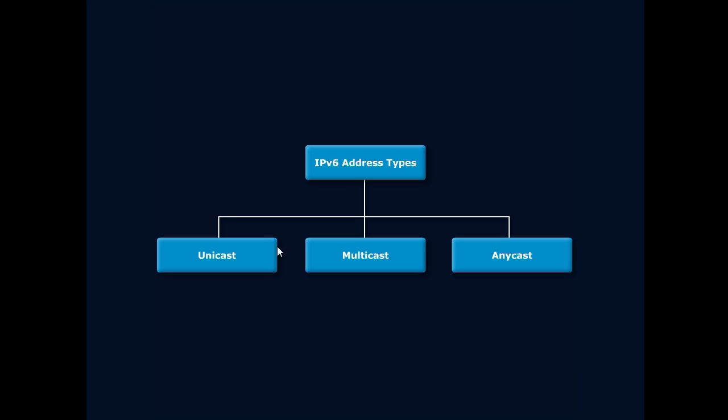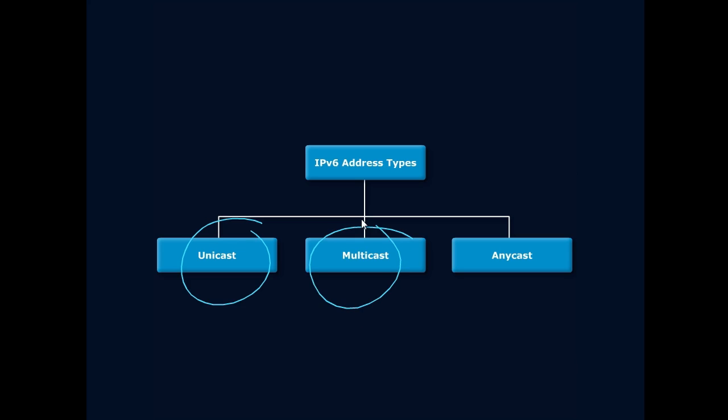Now, unicast is direct one-to-one communication. Nothing important, nothing different there. That's when we know who we're talking to. We're going directly to that specific node on the network. Multicast is for anyone who has joined a group.